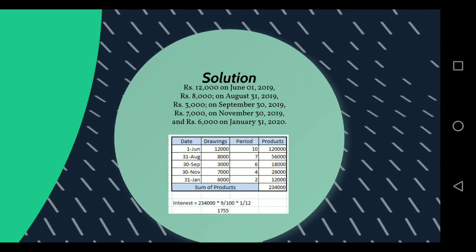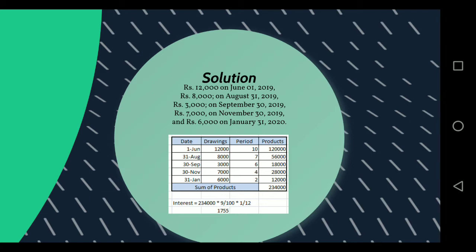In the first column I have written the dates. 1st June, amount is 12,000. Second, 31st August, amount is 8,000. 30th September, amount is 3,000. 30th November, amount is 7,000, and 31st January, amount is 6,000.